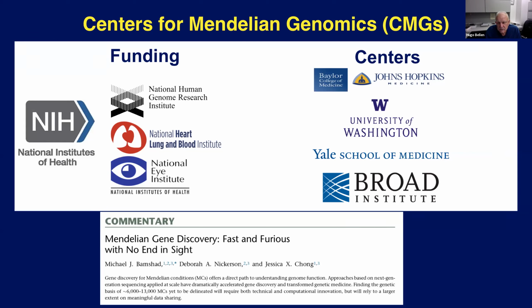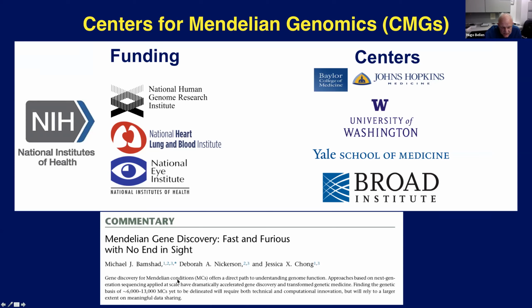And one of the points I want to highlight is that Mendelian gene discovery is really going at a very fast pace. And if you look at this commentary from Bamshad, you will read that finding the genetic basis of 6,000 to 13,000 Mendelian conditions yet to be delineated will require both technical and computational innovations and will rely to a very important extent on data sharing.